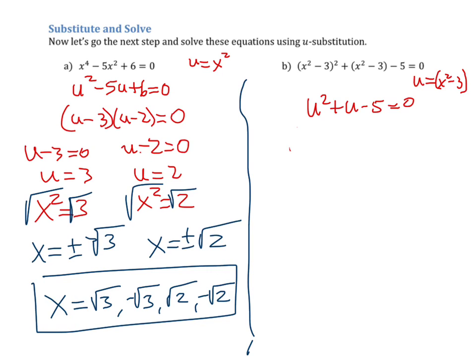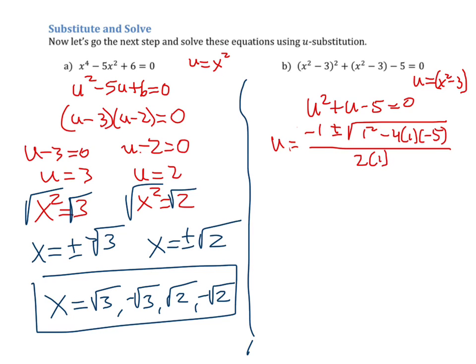If we look for numbers that add to 1 and multiply to negative 5, they don't exist. So let's use the quadratic formula here. It's actually going to be U, because we haven't solved for x yet. So U equals negative b plus or minus the square root of b squared minus 4 times a times c, all over 2a.